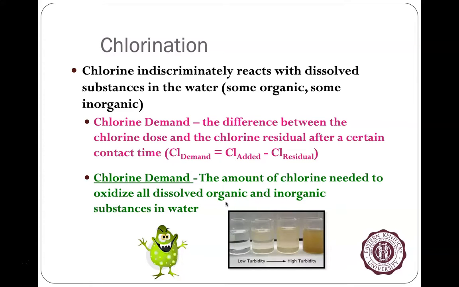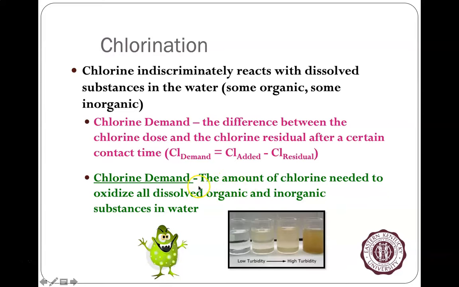So what is chlorine demand? Chlorine demand is the amount of chlorine that is needed to not only oxidize all the dissolved organic and inorganic substances in the water, which is a big part of it, but pretty much to interact with everything that's in the water.